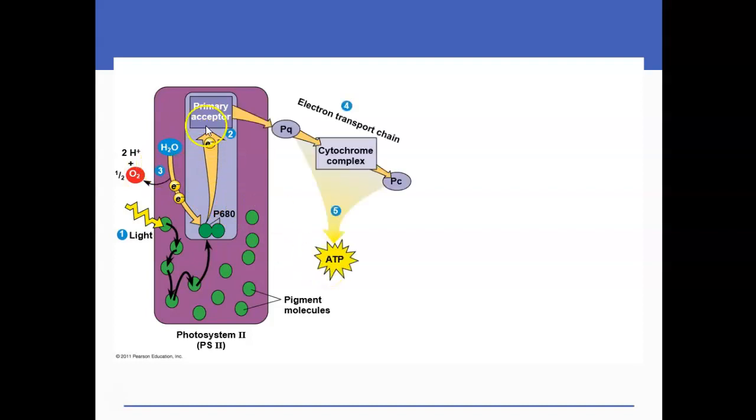Okay, so what then happens to that electron? There is an electron transport chain that is going to pump hydrogen ions across that membrane, and we're going to be able to get ATP out of it, again from ATP synthetase.